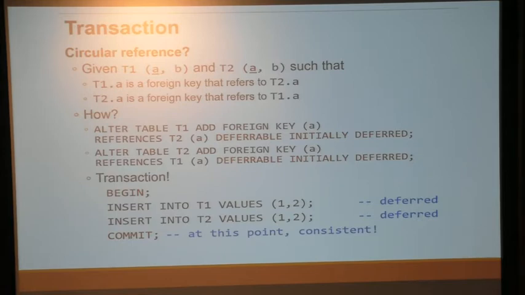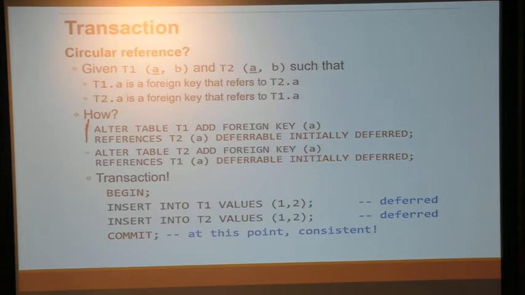But there is a trick: you cannot create the foreign key constraint immediately. Let's say you create T1 before T2. Then T1 cannot have a foreign key that refers to T2 because T2 doesn't exist. T2 can have a foreign key that refers to T1 because T1 already exists. But you can create both tables first, and after that alter the tables so that you create a circular dependency.